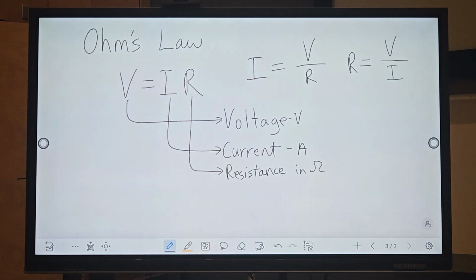So if you are looking to put a certain amount of current through a resistor or through a component, and you need to control the current with a current limiting resistor, you would take the voltage that you're passing through, divide it by the current that you want to give it, and you'll get the resistance of the resistor that you need to place in the circuit to limit the current to that level.